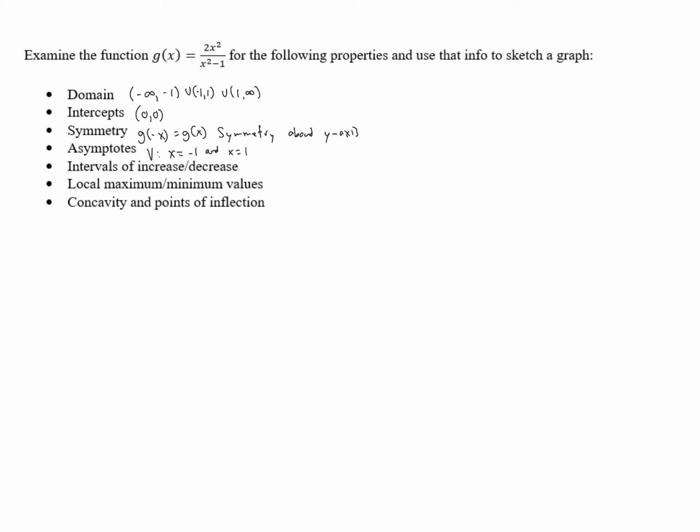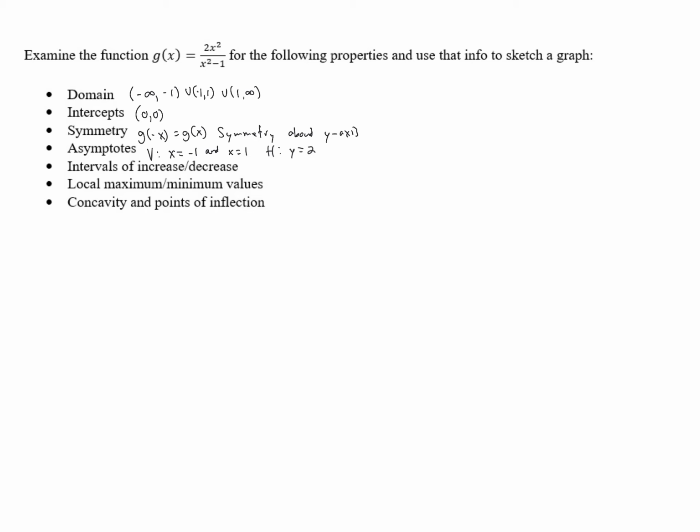For a horizontal asymptote, if we look at the degrees of the numerator and denominator, those are equal to each other, so we will have a horizontal asymptote. And we get that by looking at the ratio of the leading coefficients. That's going to be 2 over 1, which is 2. So we have a horizontal asymptote at y equals 2. All right. Let's keep going.